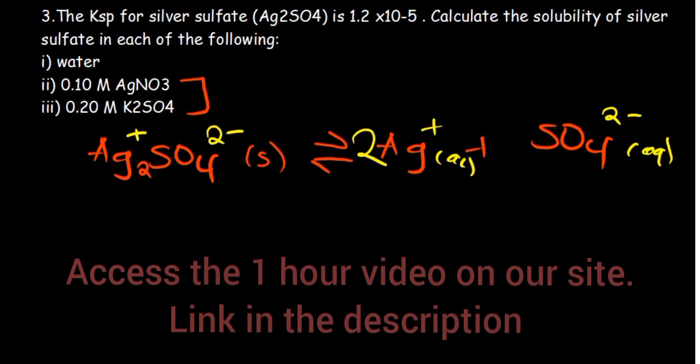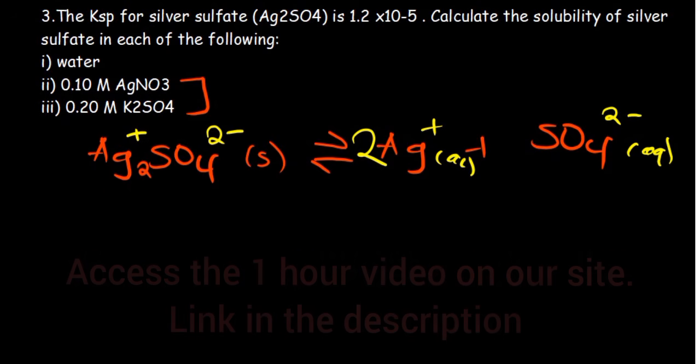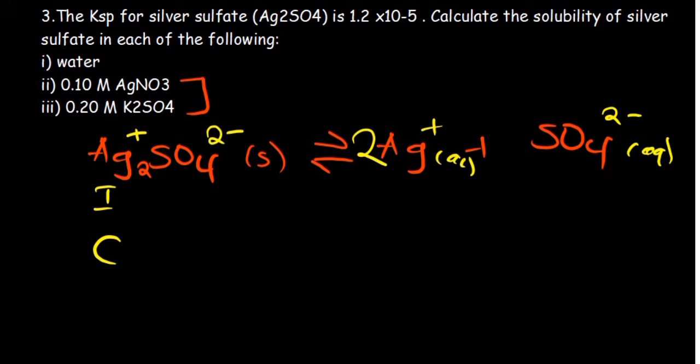And of course, if you try to draw up your ICE table, grab a pen, copy this ICE table and copy for the other two so that you'll be able to see the difference in terms of the presence of the ions. Where we have water, in every case we don't consider the solids to be part of our K expressions.